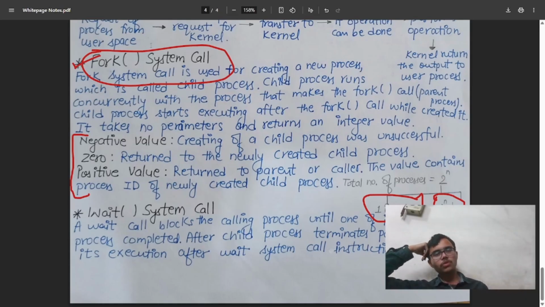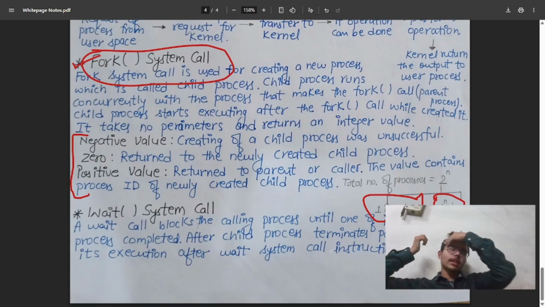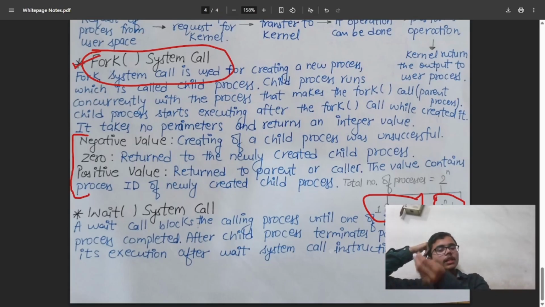So you have to see the numerical, not the theoretical part, for these two topics, fork system call and wait system call. When the wait function is called, it blocks the parent until one of its child processes completes. After the child process terminates, the parent continues execution after the wait system call.